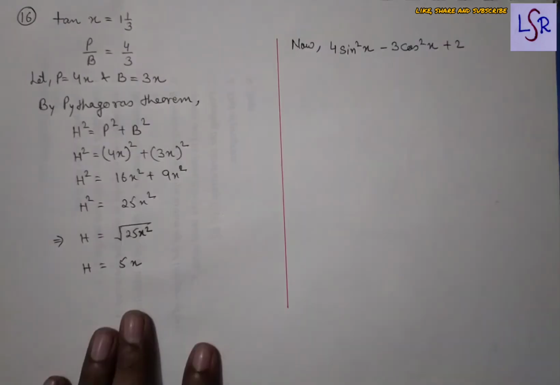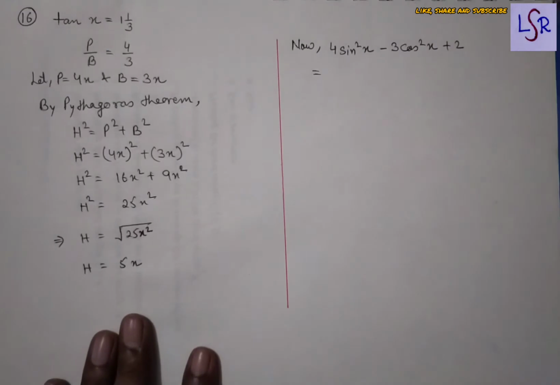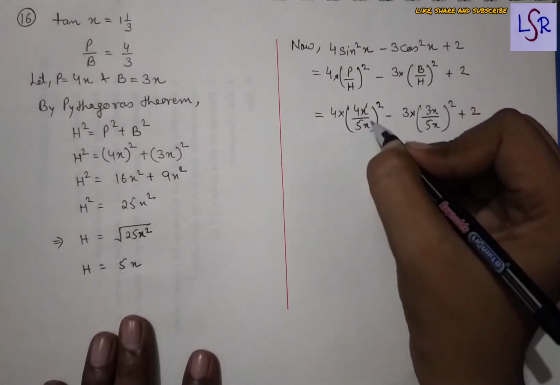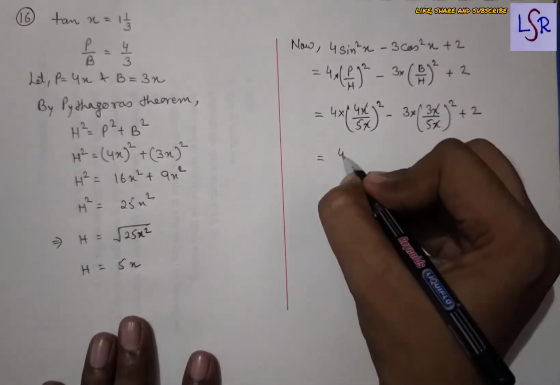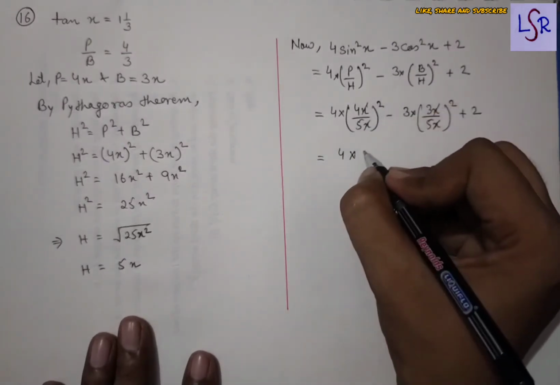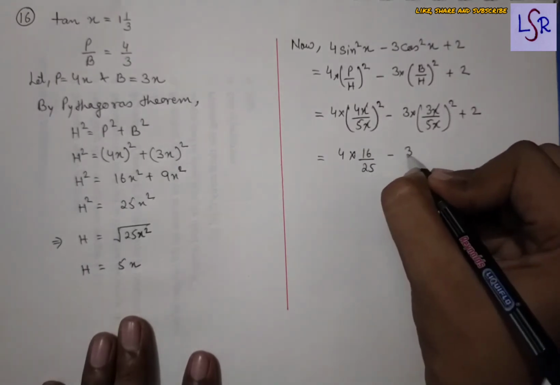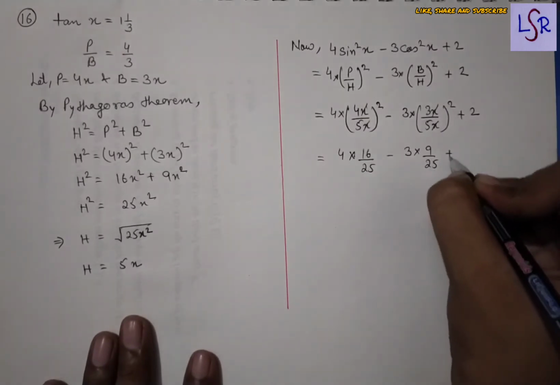Now we have to find this, and we are going to place the value of sine as perpendicular upon hypotenuse, cos as base upon hypotenuse, and so on. Now we are going to solve them after placing the values. Here this x is cancelled out, and we are left with 4 into the square of 4, that is 16 by 25, minus 3 into 9 by 25, plus 2.